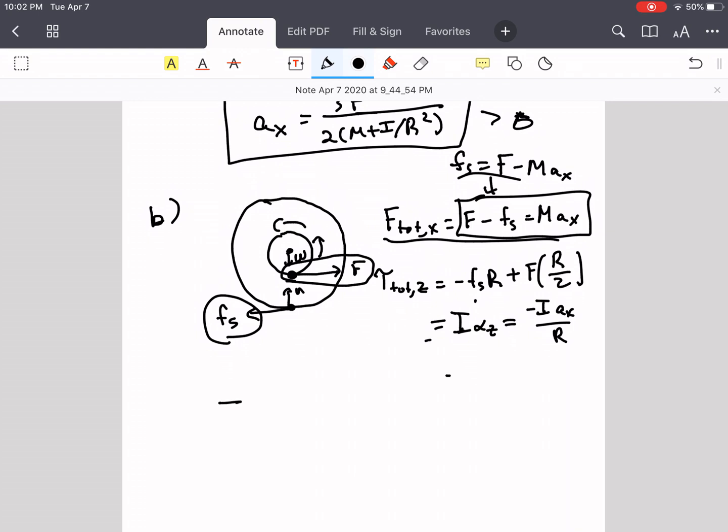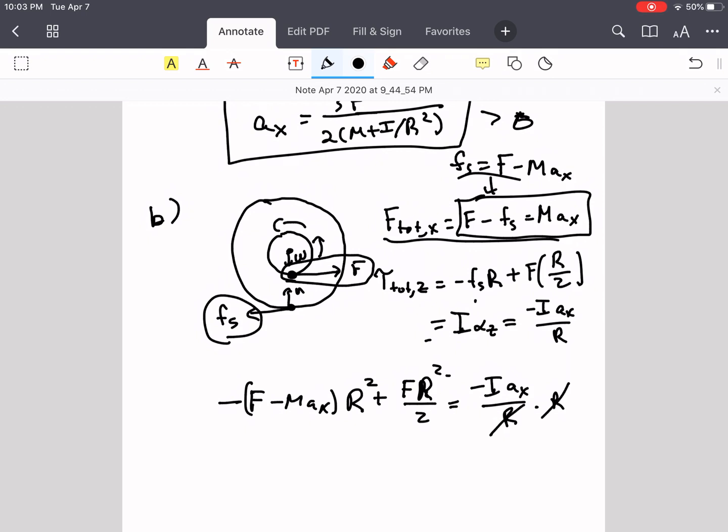So I get negative capital F minus mass times acceleration, times r, plus capital F r over 2. Notice that this is now a positive sign. That's the only difference. It is equal to negative Iax divided by r. Got this annoying r in the denominator, so let's just multiply everything by r.